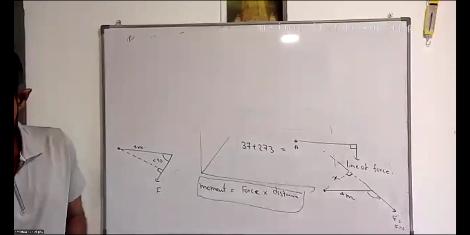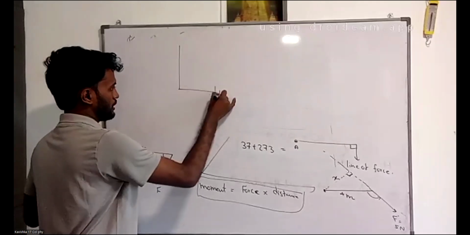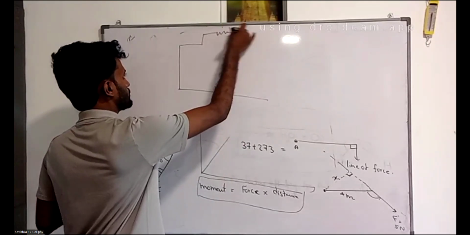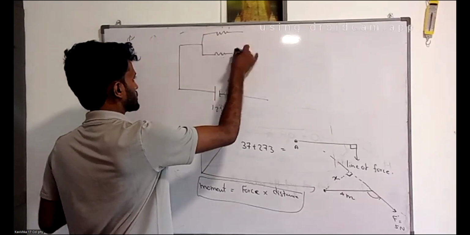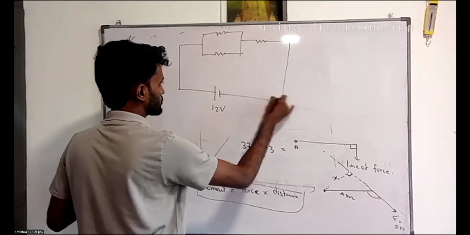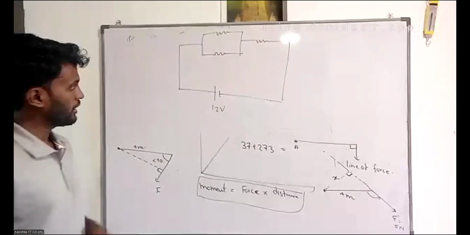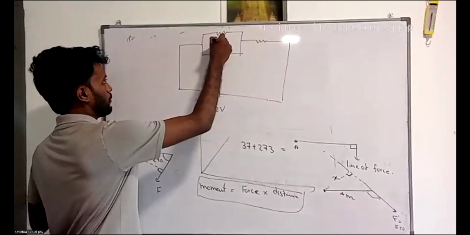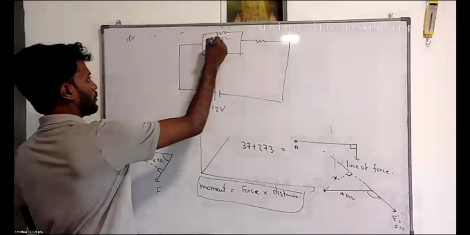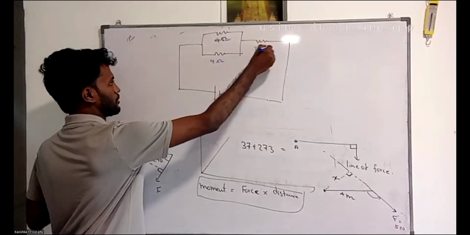So here you have a 12-volt battery, 2 resistors here and 1 resistor here also, with the values mainly 4 ohm, 4 ohm, and a 2 ohm.